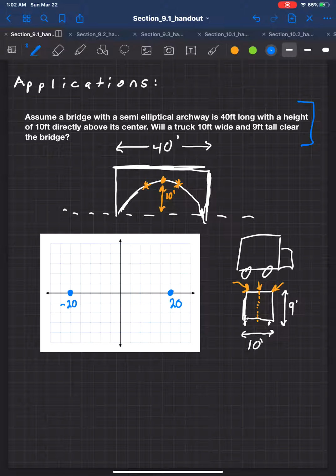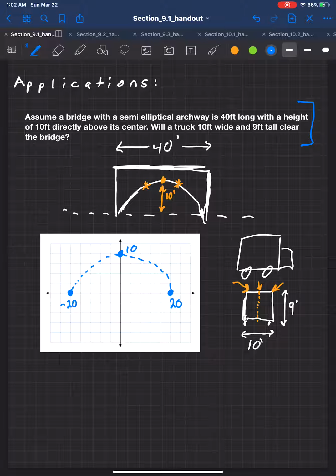Right? So 40 feet would be from negative 20 to 20 is 40 feet. And we're going to assume that right here at the center is 10 feet, right? So it's 10 feet, 0, 10, or 10 feet tall. Okay.